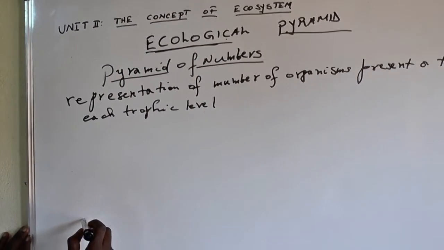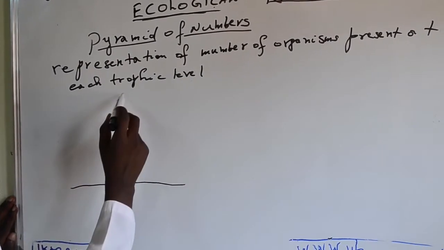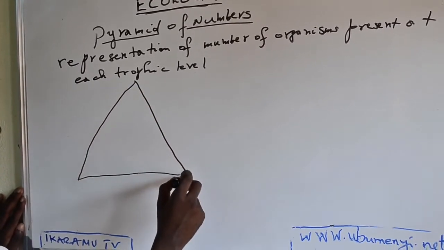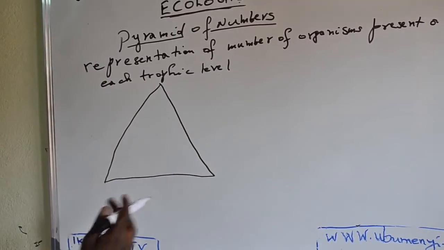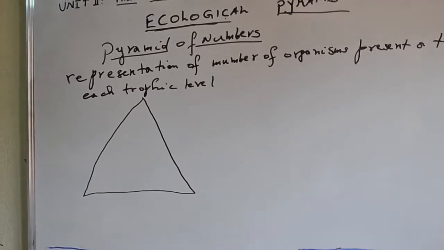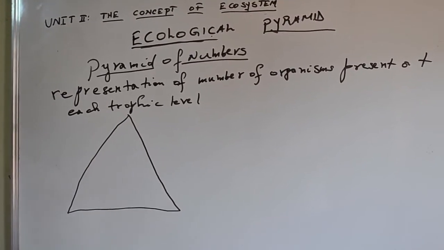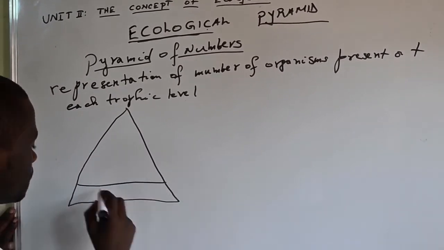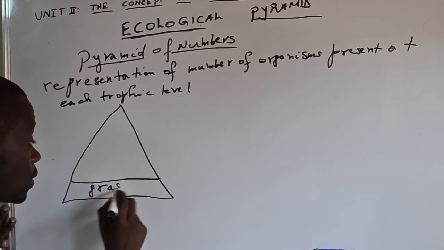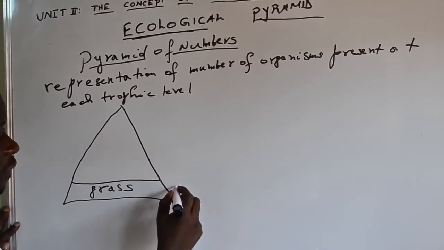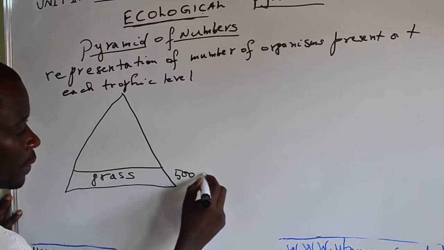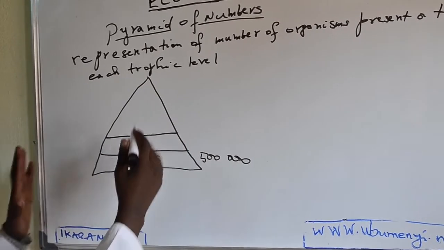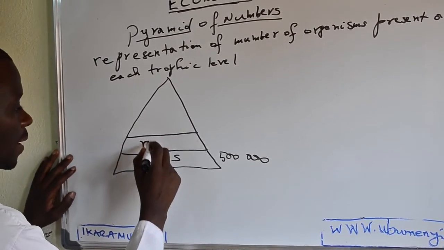I will have a small example here. We can have an upright pyramid of numbers. It's constructed like this. Because it's of numbers, we will present it with numbers. We can have grass, which can be of, for example, this number. This grass is eaten by rabbits.